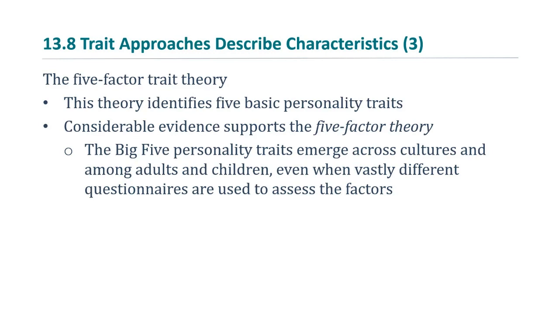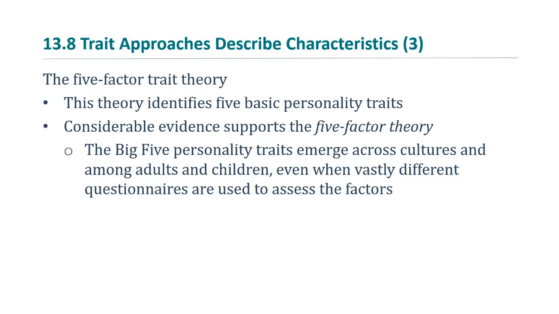Eysenck's had three major traits, but throughout hundreds of research studies, this is the model that really won out and fit the majority of the evidence, and it's the one that survived and is used today.